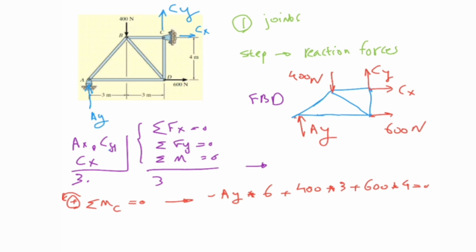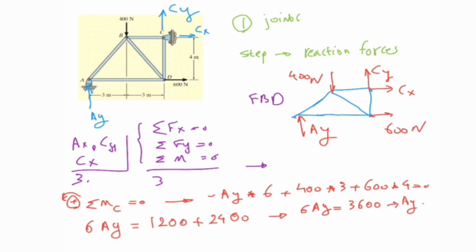If you simplify this, that would be 6 times Ay equal to 1200 plus 2400, so 6 Ay equal to 3600, and if you divide both sides by 6, you get Ay equal to 600.